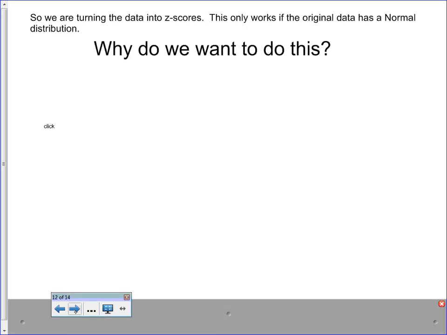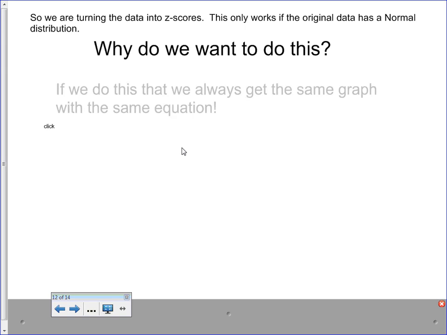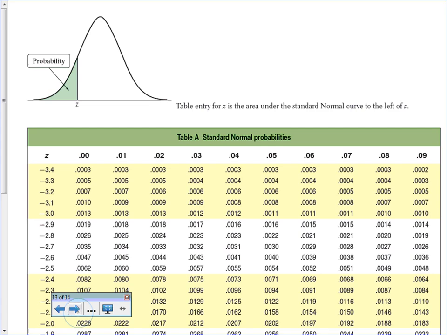If we do that, we take every data point and turn it into a z-score. Then we get the same graph with the same equation, and we can start to map this equation out. We can start to not just look at the distances between whole standard deviations, but find the values of every single z-score.